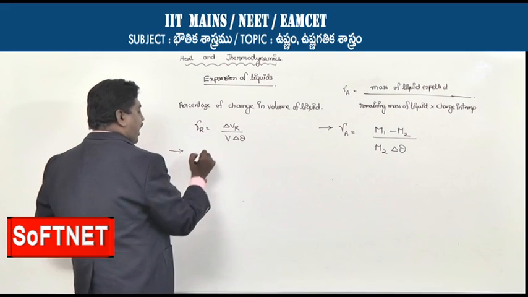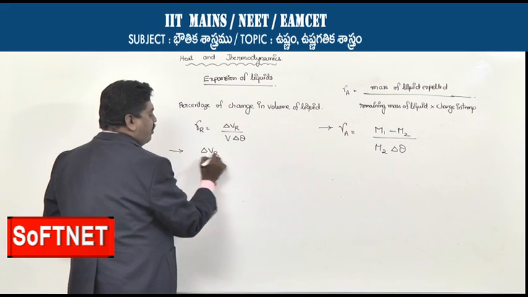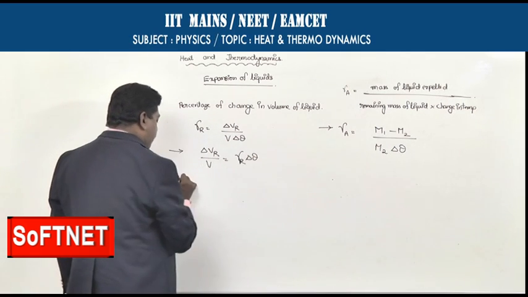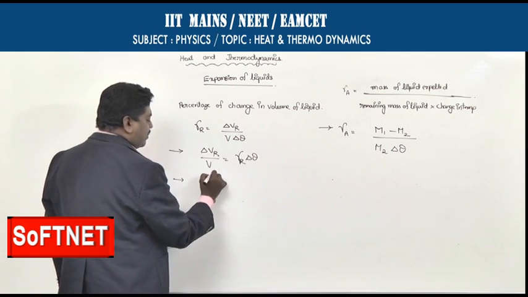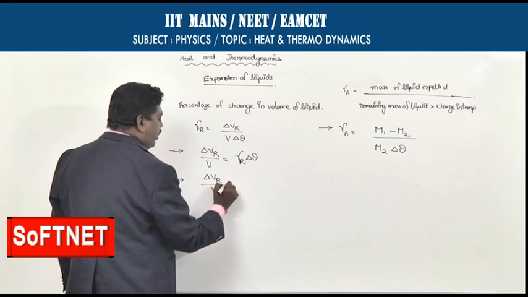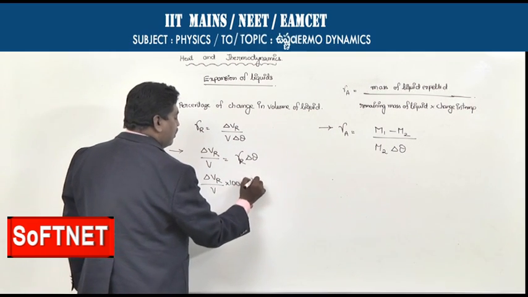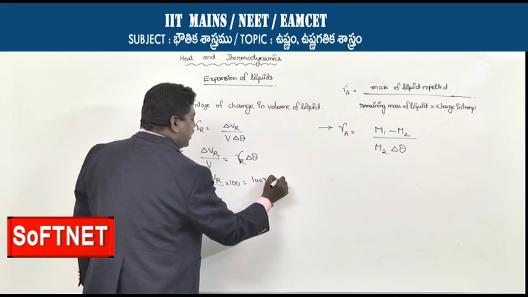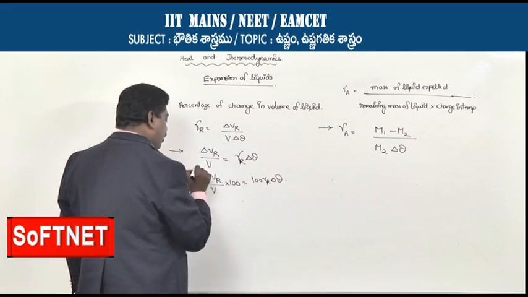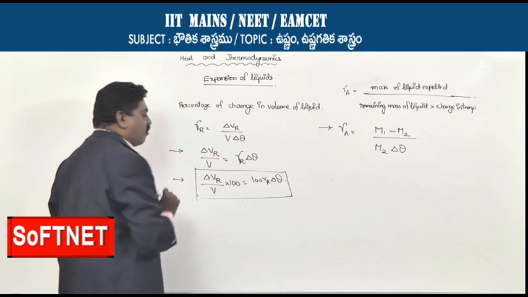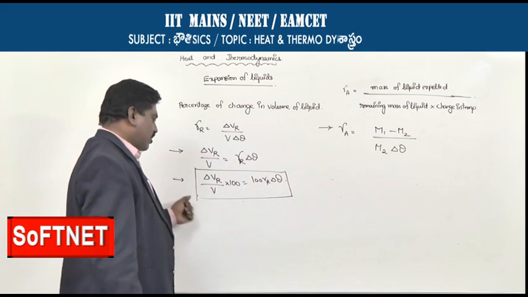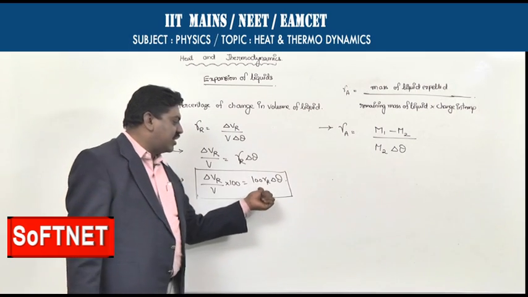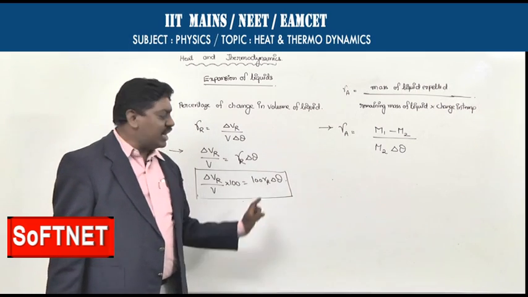This we can write as delta VR by V is equal to gamma R into delta theta. Multiply 100 on both sides, we get delta VR by V into 100 is equal to 100 gamma R delta theta. Therefore, the percentage of change in volume of liquid, or the percentage of real increase in volume of liquid, is given as 100 gamma R delta theta.